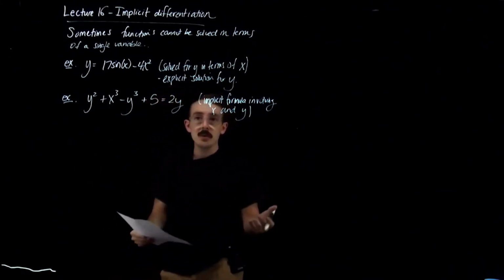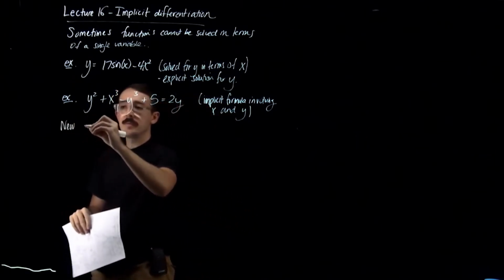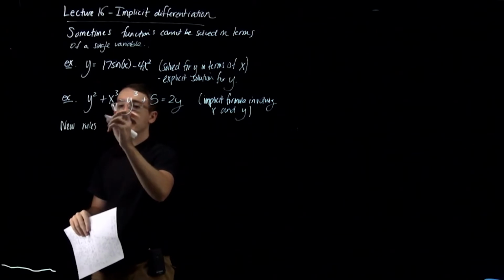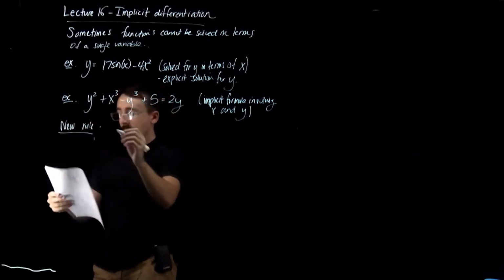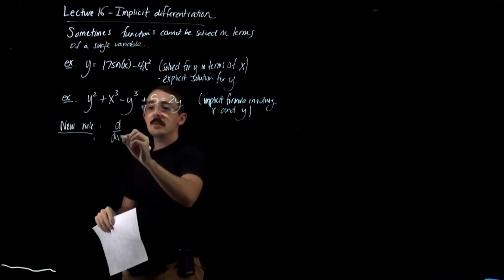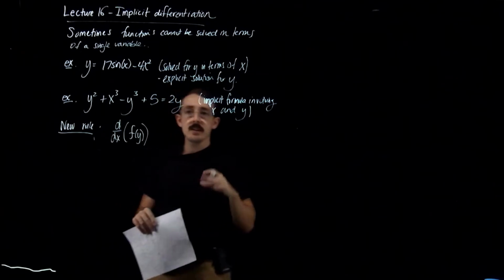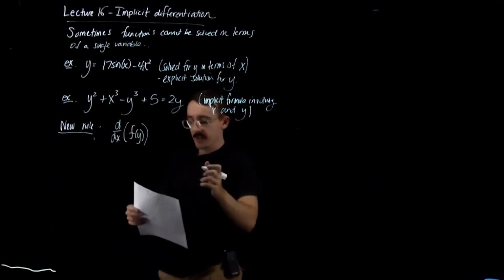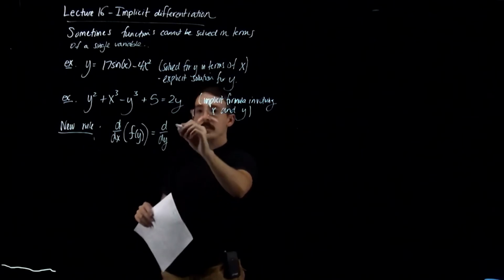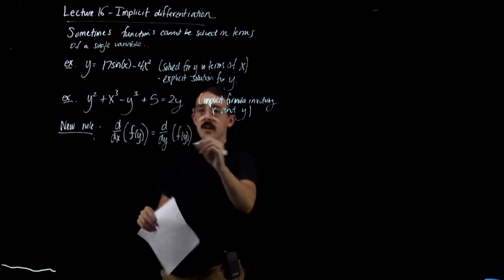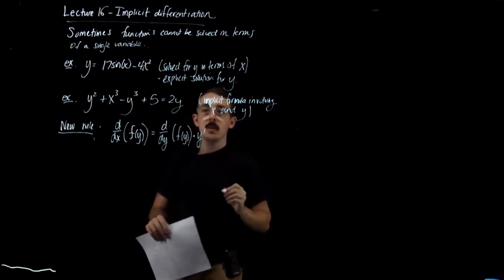Well, we're going to learn a new rule. So here's our new differentiation rule for this section. It's just one really, one main rule. If you're trying to take the derivative of some expression involving just y's, that's equal to taking the derivative with respect to y of that function times y prime.